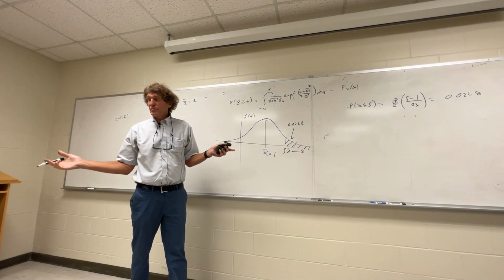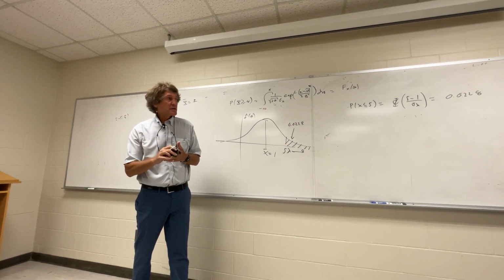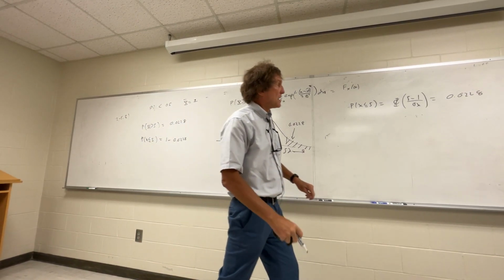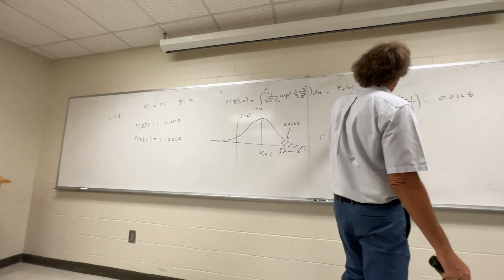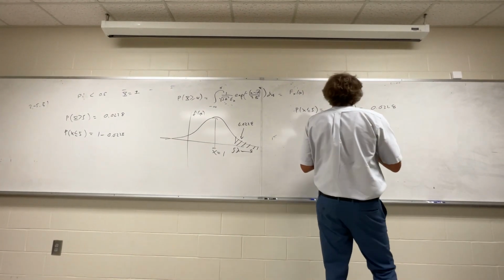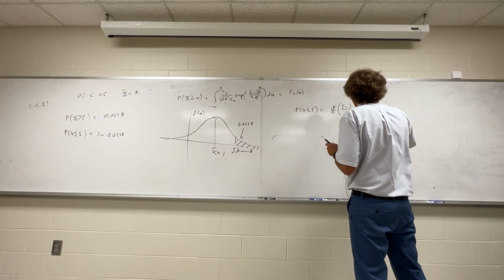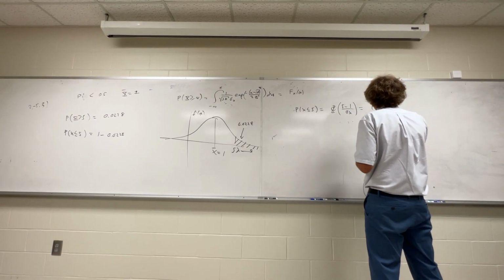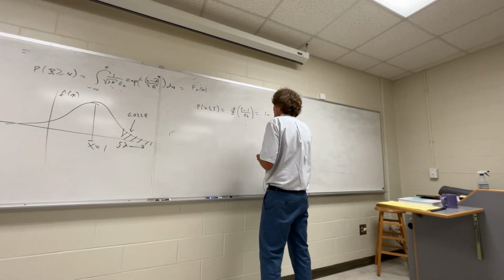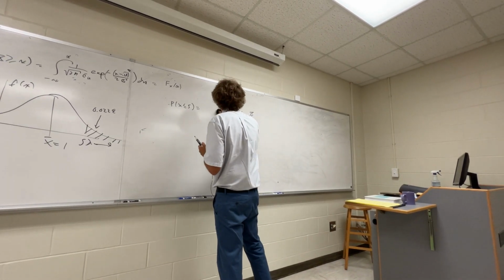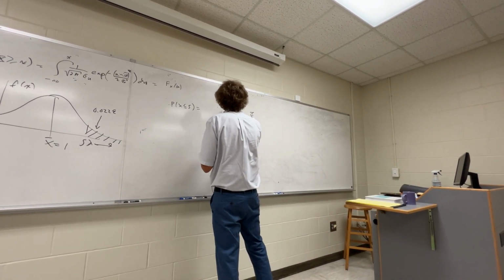So you can use tables or you can use your calculator to get this, but you have to do the normalization. So the probability of x being less than, and I did this wrong again, it's 1 minus the characteristic function right here of, let me do it here.